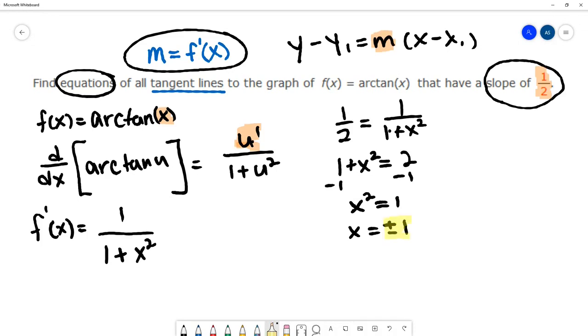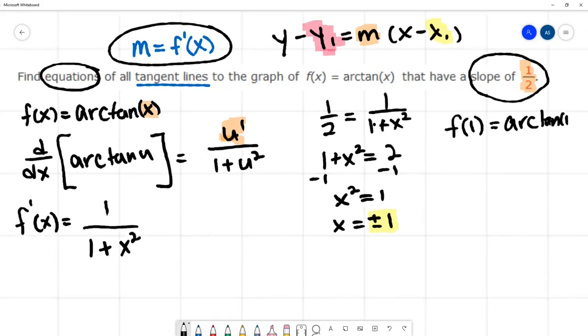I have the x coordinates, that's plus and minus 1. That's what we're going to put in x1. So I'm still missing one piece of information, and that is the y coordinate of our points. To get the y coordinates, I'm going to substitute 1 into the function arctangent of x. So I need to find arctan of 1.